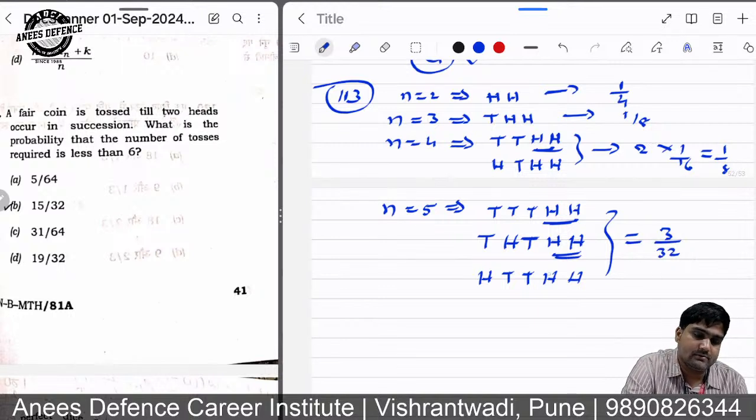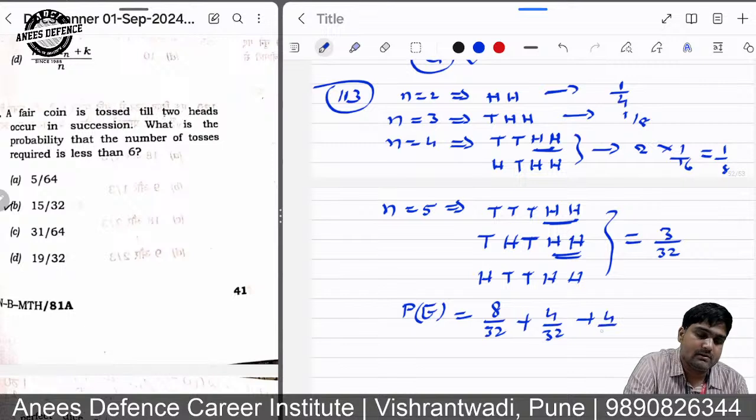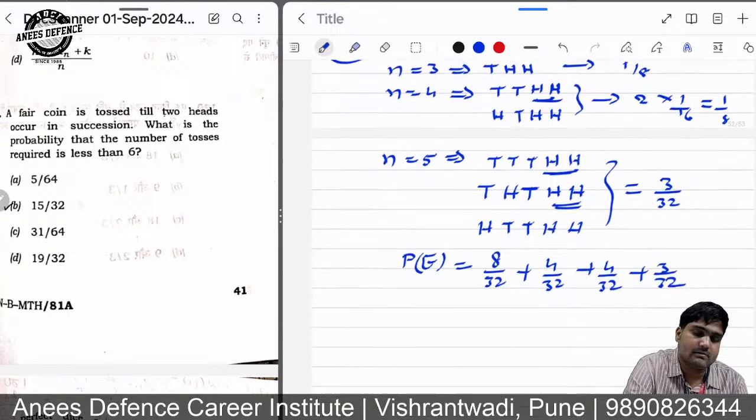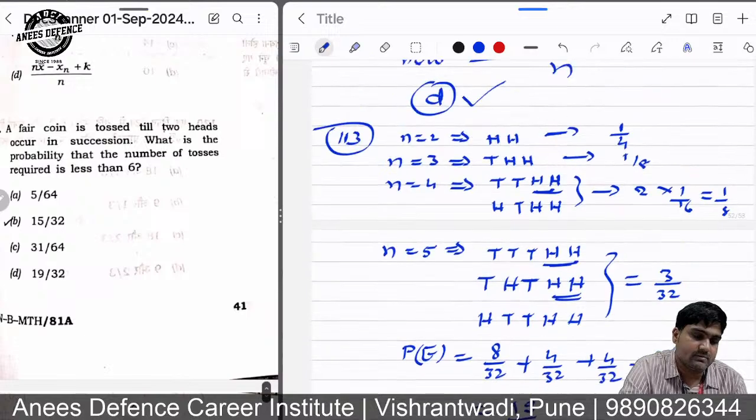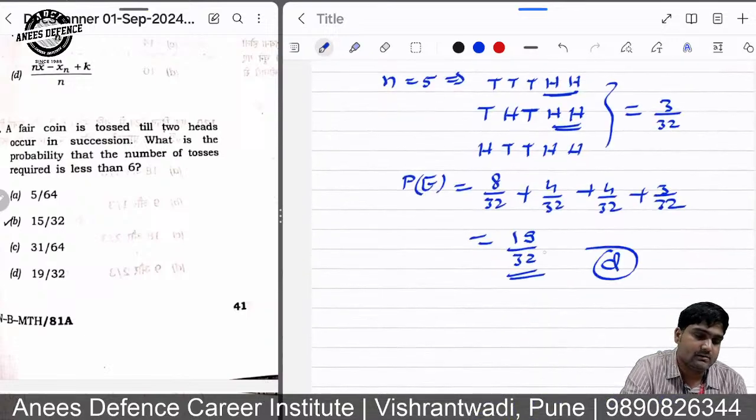Now add all these values. Getting the probability of succession of 2 heads: 8 by 32 plus 4 by 32 plus 4 by 32 plus 3 by 32, so it's 19 by 32. So the answer for question number 113 is option D.